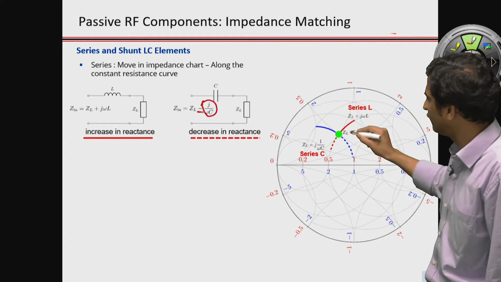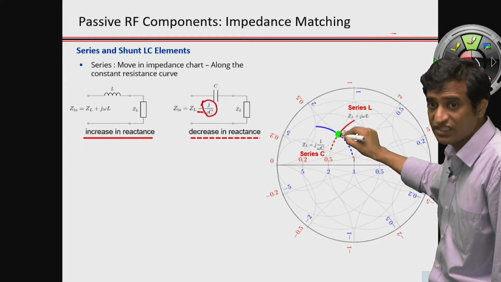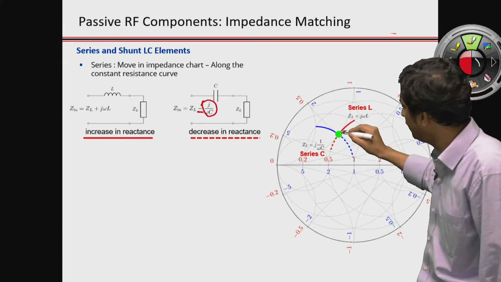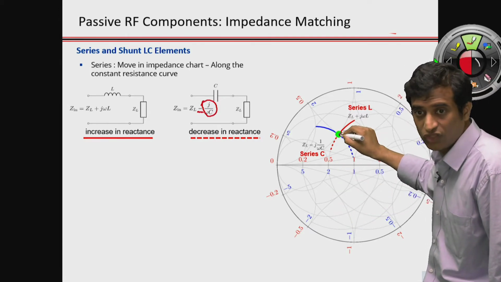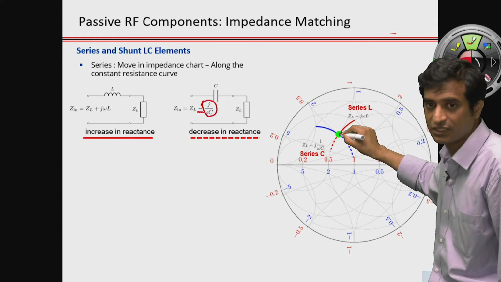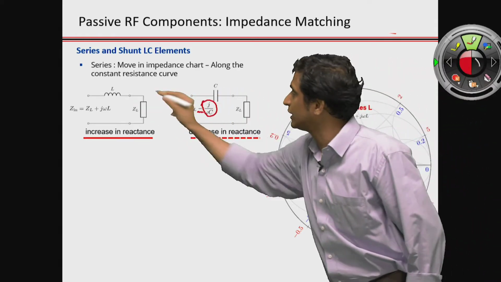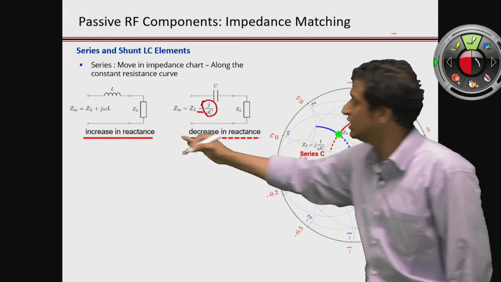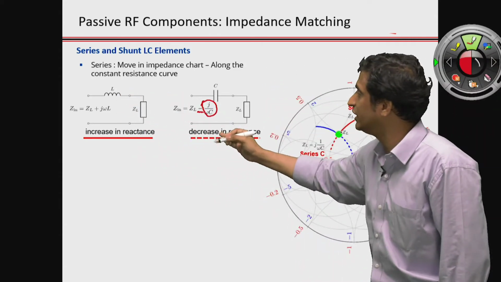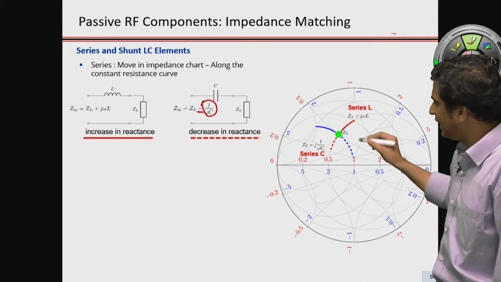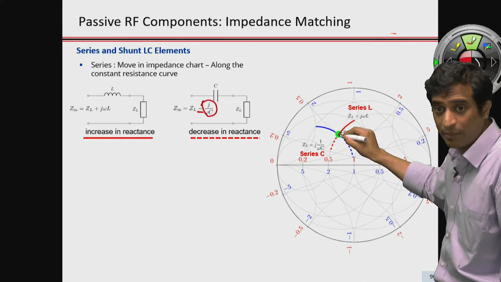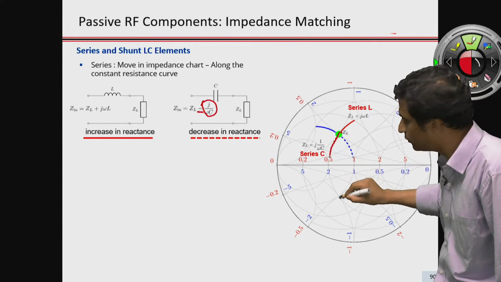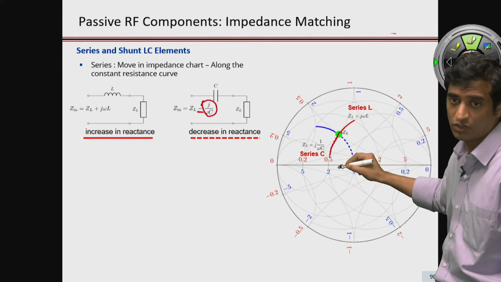A decreasing reactance in the Smith chart means that we are moving to the capacitive region, which is down below, and that means we are still moving along the constant resistance curve, because neither of these two can offer a resistance. They just offer a reactance, which can be increasing for an inductor or decreasing for a capacitor. And since the reactance is decreasing for a capacitor, we are going in the counterclockwise direction down in the Smith chart.